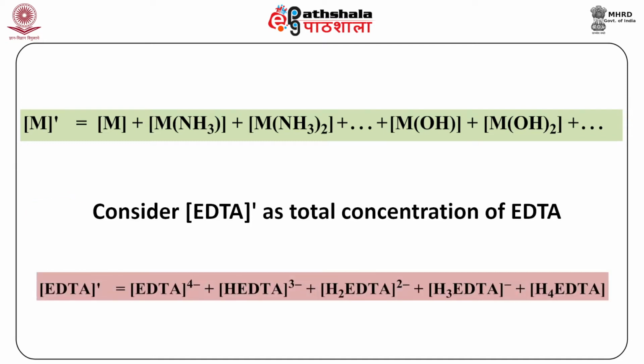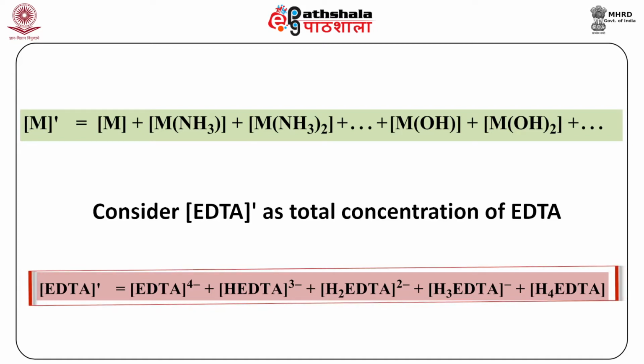So, mathematically it is represented as EDTA' is equal to the concentration of EDTA 4- anion plus HEDTA 3- plus H2EDTA 2- plus H3EDTA- plus H4EDTA. Note here H4EDTA is the unprotonated EDTA.